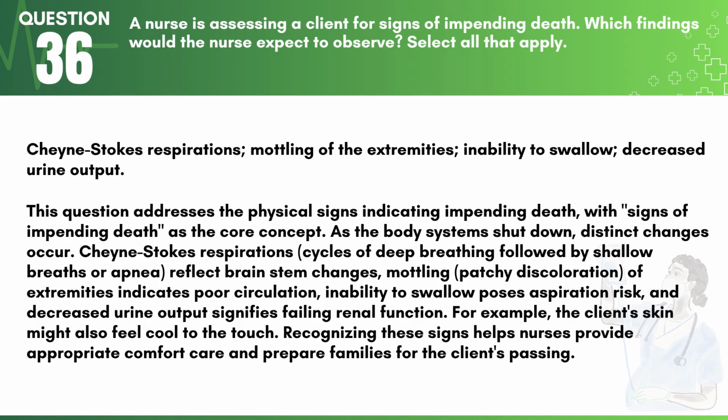Mottling, patchy discoloration, of extremities indicates poor circulation, inability to swallow poses aspiration risk, and decreased urine output signifies failing renal function. For example, the client's skin might also feel cool to the touch. Recognizing these signs helps nurses provide appropriate comfort care and prepare families for the client's passing.